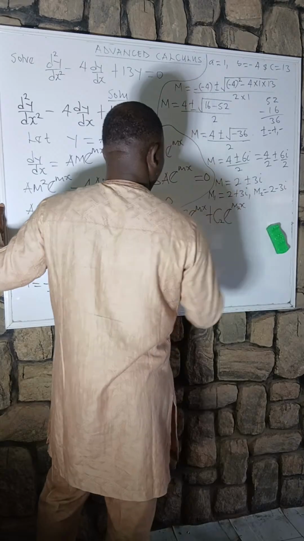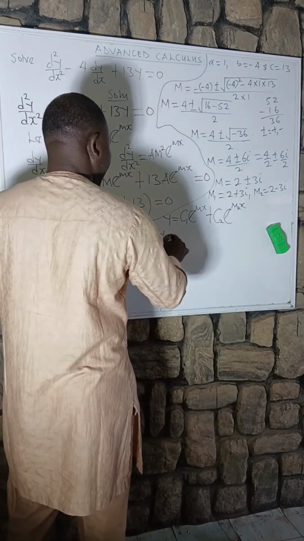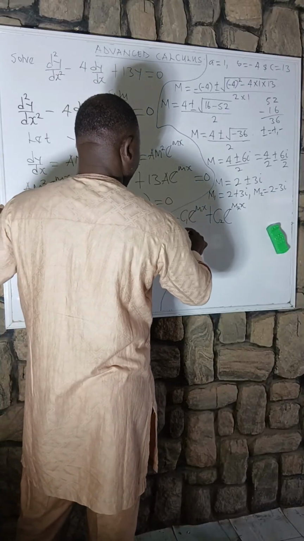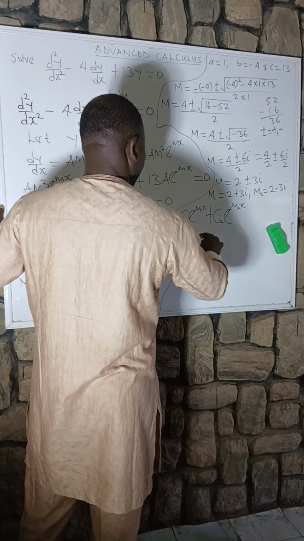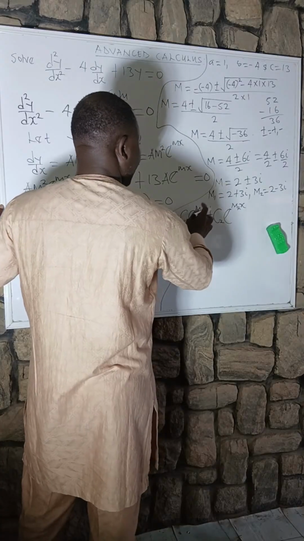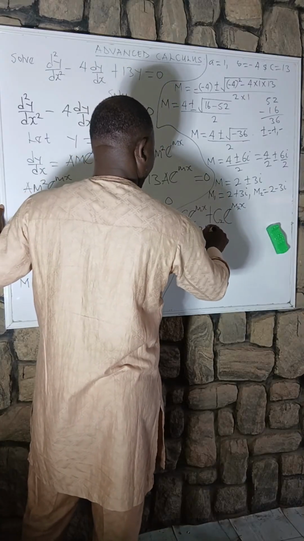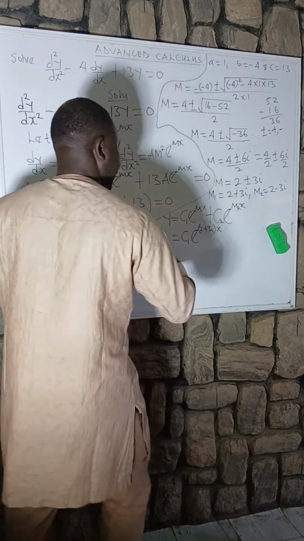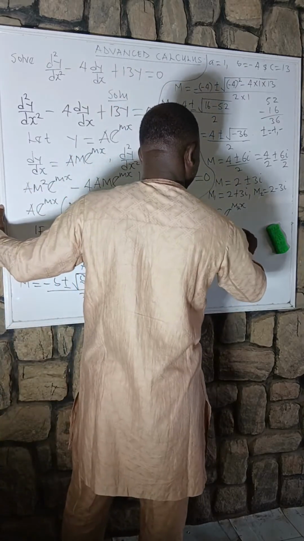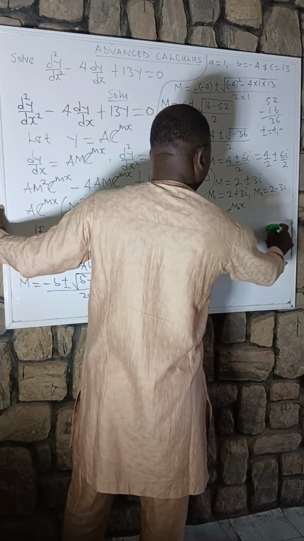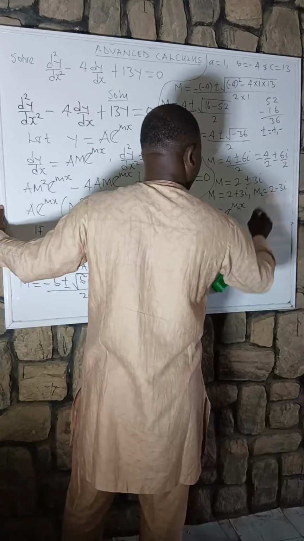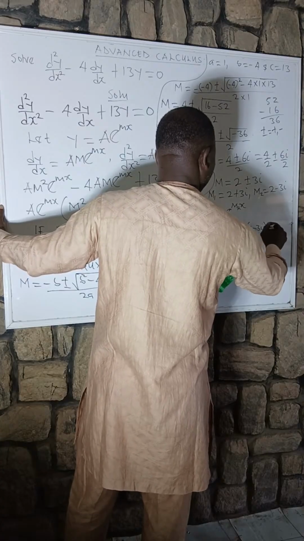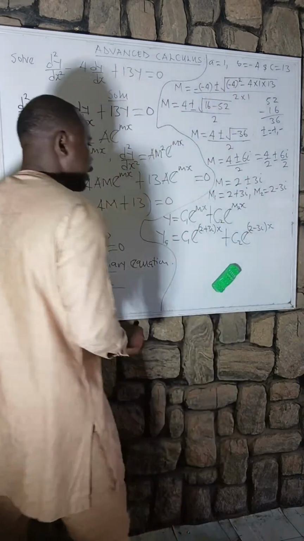So y, that is our general solution, will be equal to C1 exponential (2 plus 3i) x, then plus C2 exponential (2 minus 3i) x.